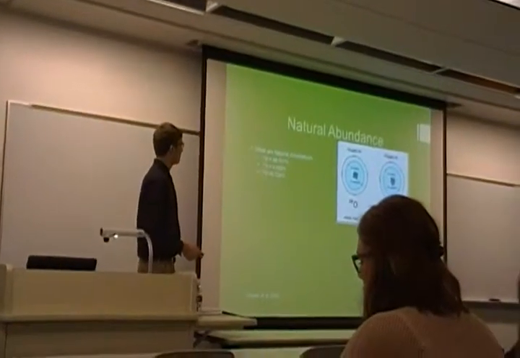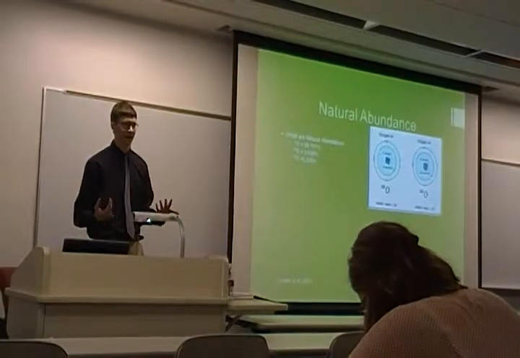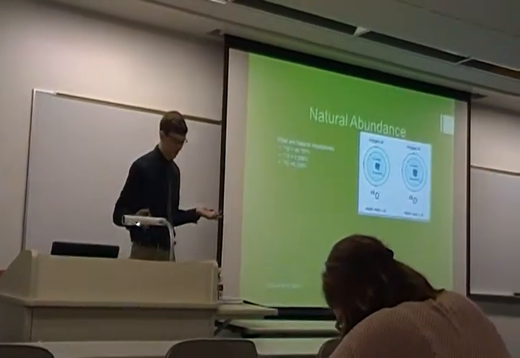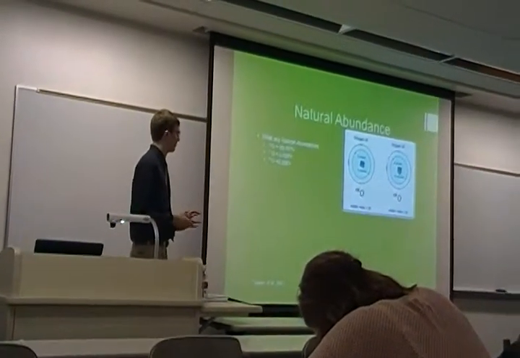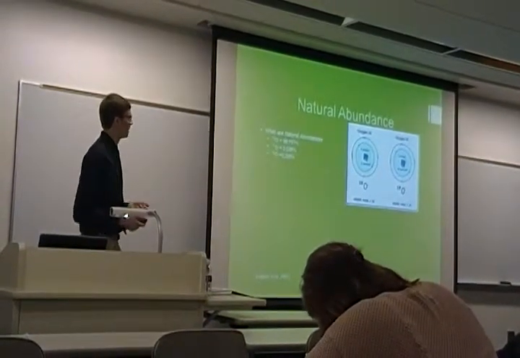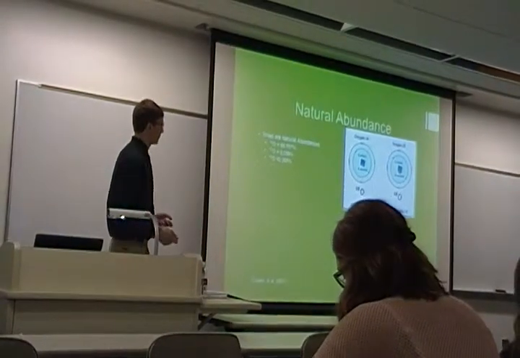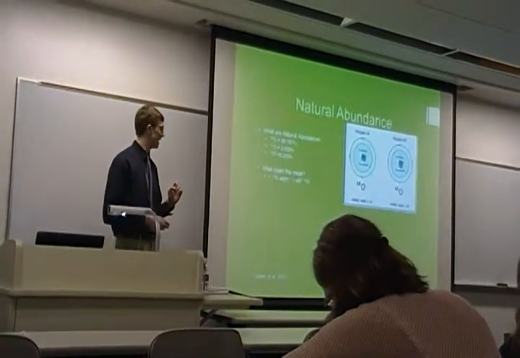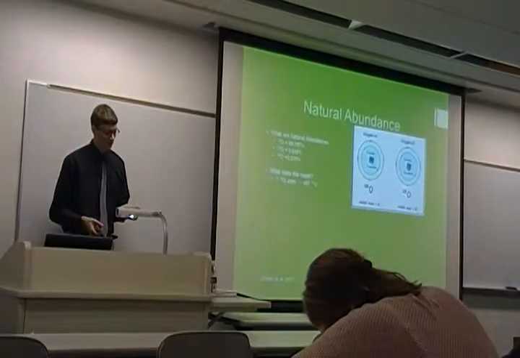Oxygen-16 is usually the mass we think of oxygen having. Very approximately, of all the oxygens on planet Earth, 99.75% of them are in the form of oxygen-16, and only about 0.2% of them are in the form of oxygen-18. From this information, we can get a really approximate ratio of how many oxygen-18s there are to oxygen-16s on Earth.